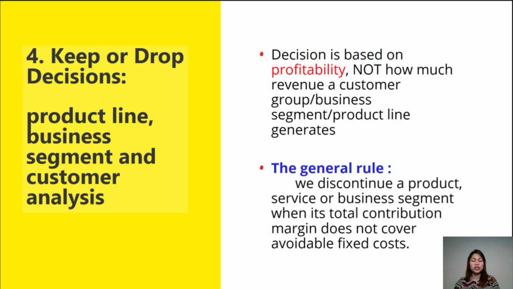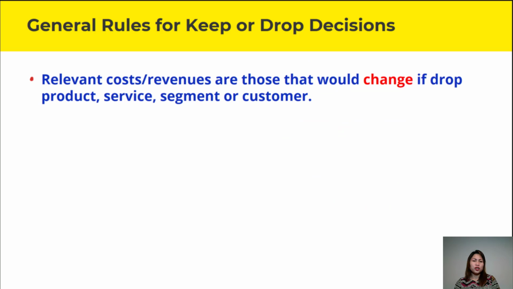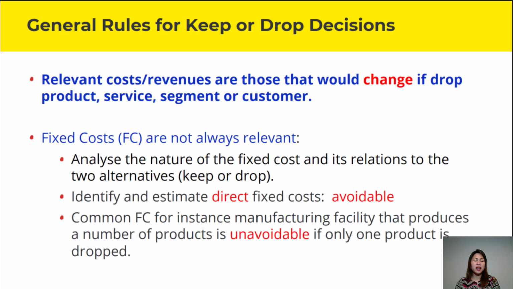The general rule is we can discontinue a product, service, or business segment when its total contribution margin does not cover avoidable fixed costs. Therefore, to consider this keep or drop decision, you need to think about relevant costs or revenue. Relevant costs or revenue in this case are those that will change if you drop the product, service, segment, or customer group. Fixed costs in this type of situation are not always relevant.